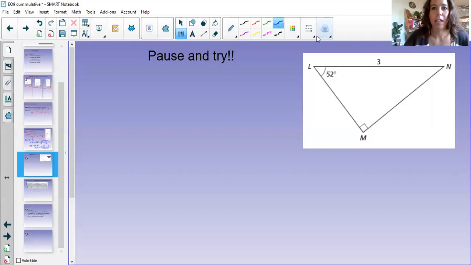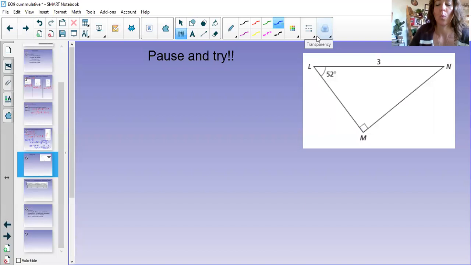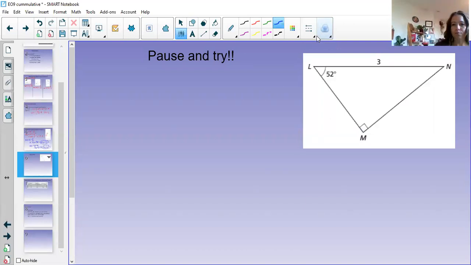Okay, now that you've thought about it for a second, what is the first thing we should do? I want you to jot a note on the side. What is the first thing we should do here to solve this right triangle? Okay, so hopefully what you wrote was a trig function or some kind of trig ratio. We can't use Pythagorean theorem yet because we don't have two side lengths. We only have one. But we could figure out another one.